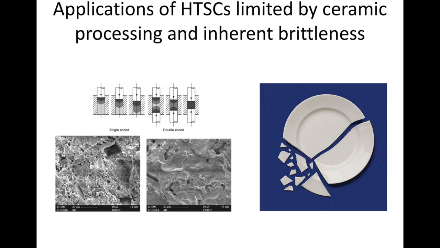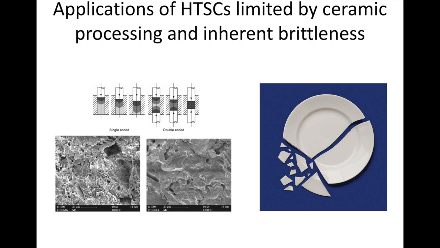So just imagine we're trying to make, for example, electric wire, right? With a metal, that's no problem. It's ductile. It can be shaped and formed easily. But if we have a ceramic now, it's much harder to process that, especially into a wire, and then it's brittle, right? It's going to fracture like the image I'm showing here of a plate. And so that makes it inherently bad for these applications.